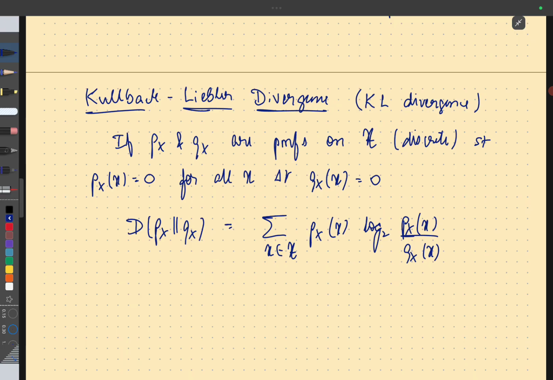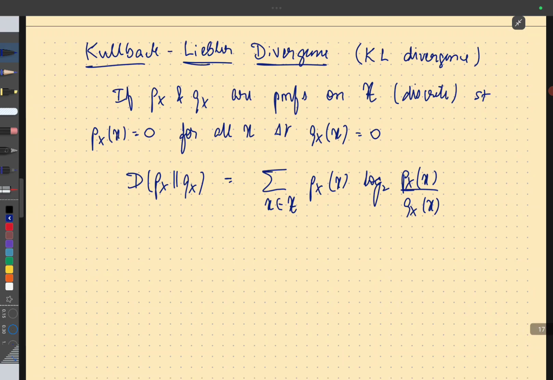Right, so this is the KL divergence between P and Q. One thing you can observe is that this is not a symmetric function of P and Q. Right? So D(Q||P) is in general going to be different from D(P||Q).